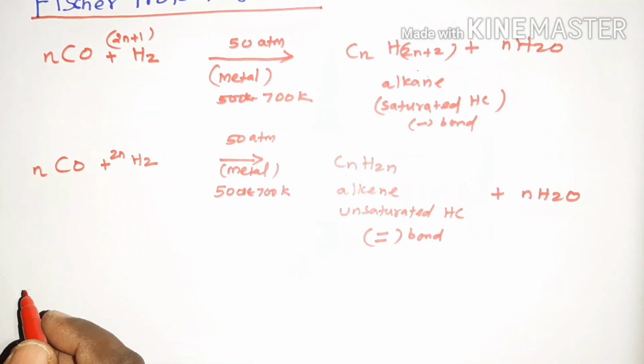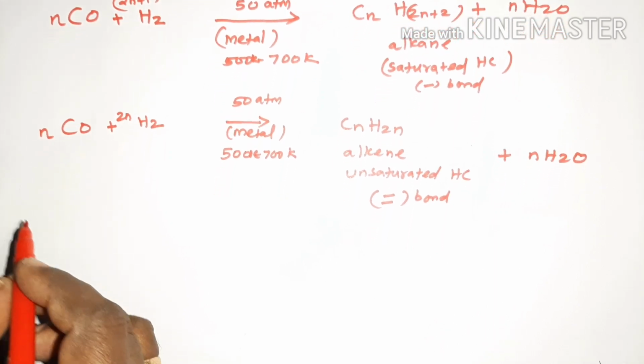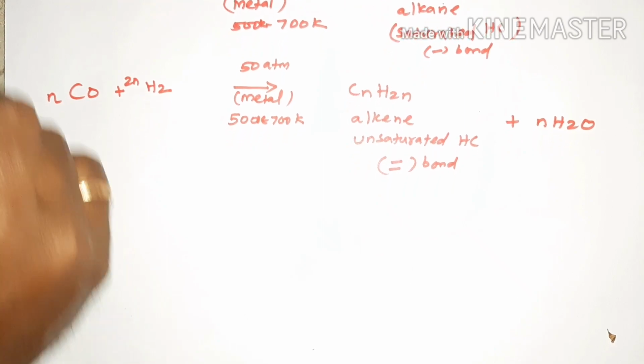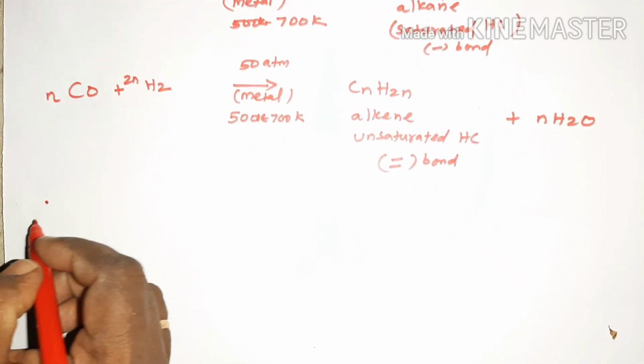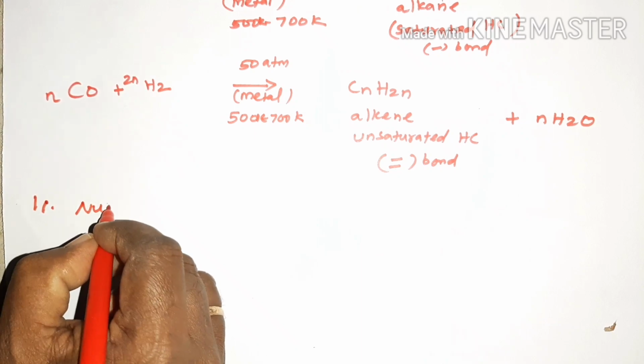The last important property of carbon monoxide is that it is forming numerous complex compounds. This is the 11th property, numerous complex compounds.